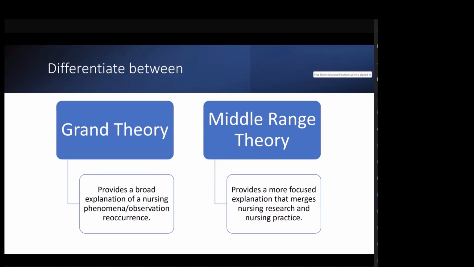Again, this is more of a theoretical, abstract concept, whereas a middle range theory is a merging of nursing research and nursing practice. And this is what is usually used, okay, not that it is, but it's usually the type of theories that is used for nursing research.